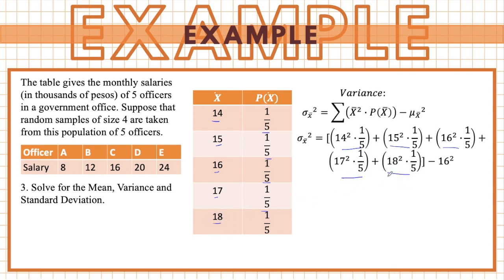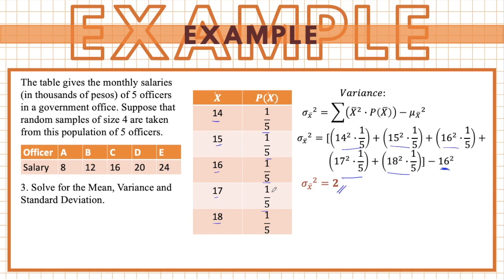And then, once we get the sum of these products, we subtract mean squared, or mean of the sample mean squared. So that will be minus 16 squared. So we got 16 a while ago. And this is 2. So the variance of the sample mean is equal to 2.